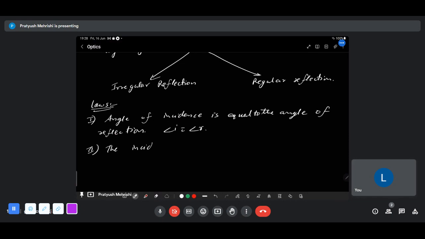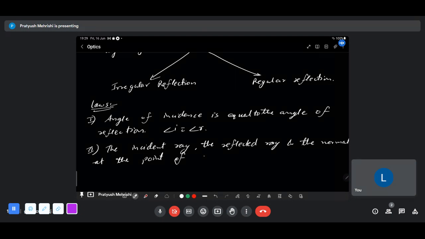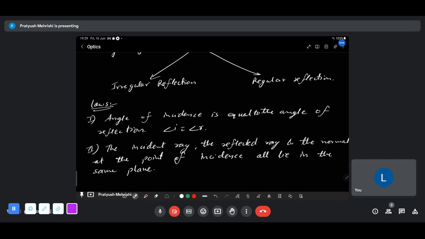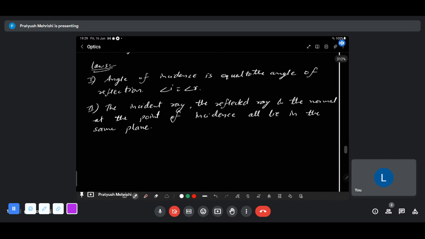The incident ray, the reflected ray, and the normal at the point of incidence all lie in the same plane.